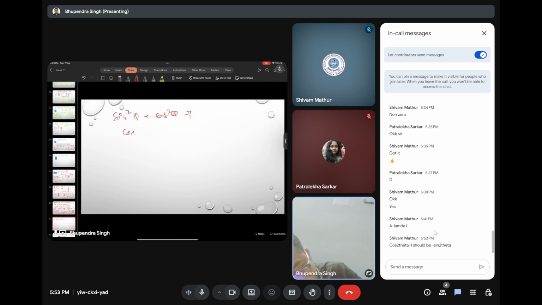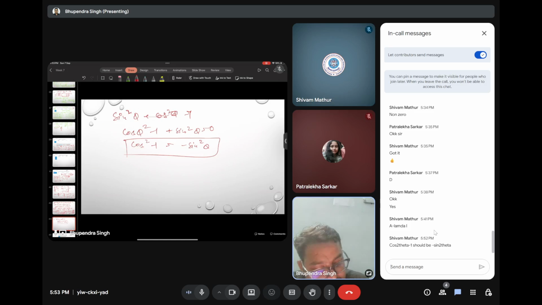So cos square theta minus 1 plus sine square theta equal to 0. So cos square theta minus 1 equal to minus sine square theta. Yes. So here we are making the mistake.